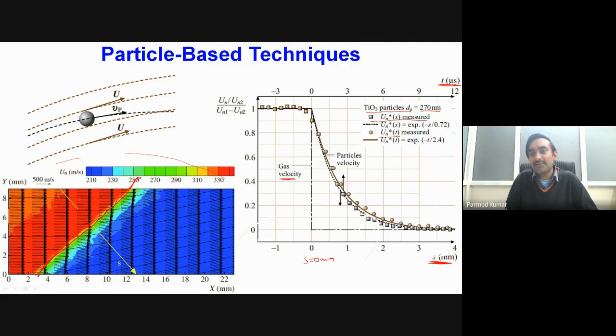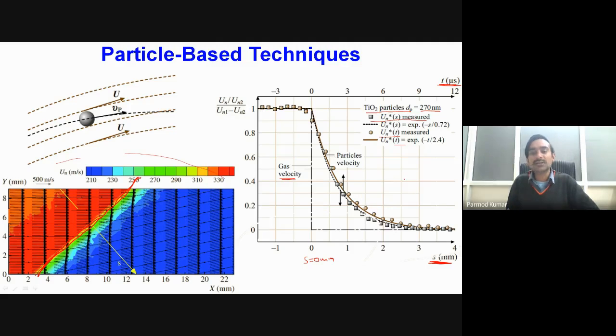You can see we have also fitted some of the curves over here in exponential fashion. This particular black colored dotted line is nothing but the exponential fit with space, and over here you are having the factor of the exponential fit as -1 divided by 0.72, and with time the factor is -1 by 2.4.